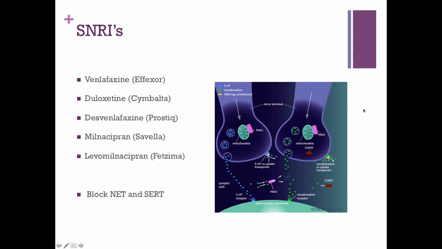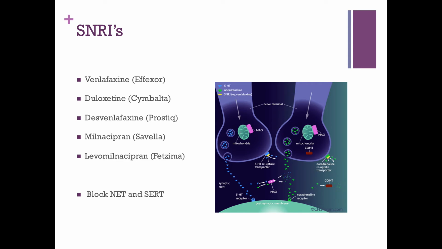Finally, there are the newer medications, which we see are starting to raise the stakes for revenue produced for medications. The SNRIs are usually not the first choice. We already said those are SSRIs, selective serotonin reuptake inhibitors. These are serotonin-norepinephrine reuptake inhibitors.